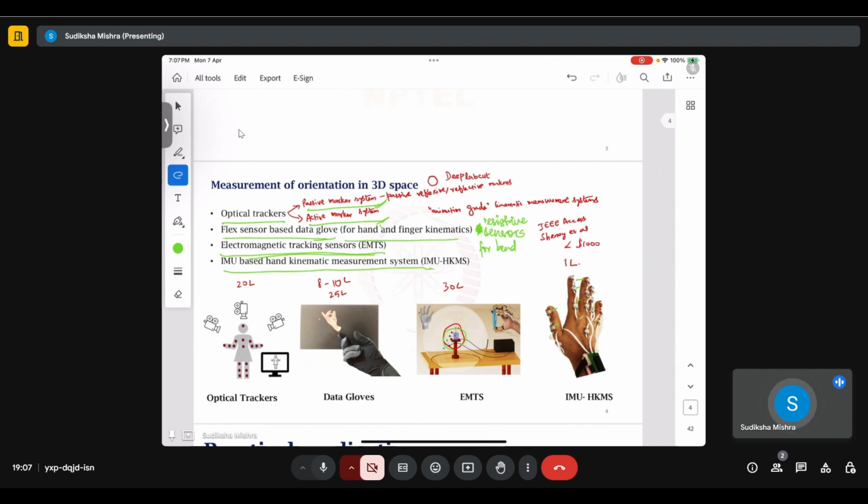The fourth method is an inertial measurement unit based hand kinematic measurement system, wherein there are different sensors throughout the arm, and motion within the hand leads to some information getting relayed to the system.